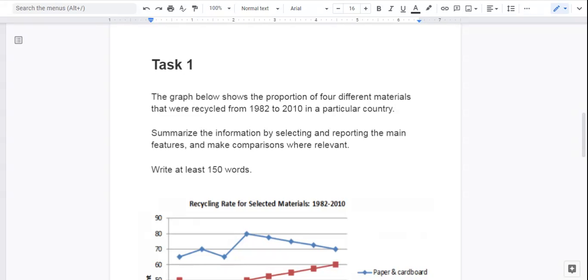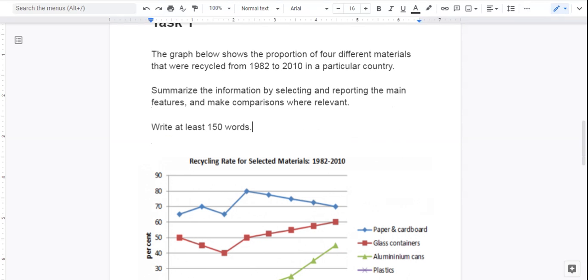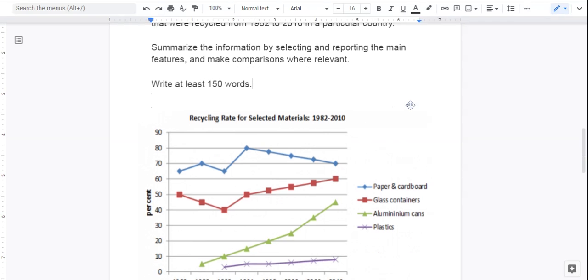Summarize the information. Keep in mind, writers, that was with an S, but I changed it to a Z. Summarize the information by selecting and reporting the main features and make comparisons where relevant. Write at least 150 words. Okay, summarize the main features and then we'll start to make comparisons.